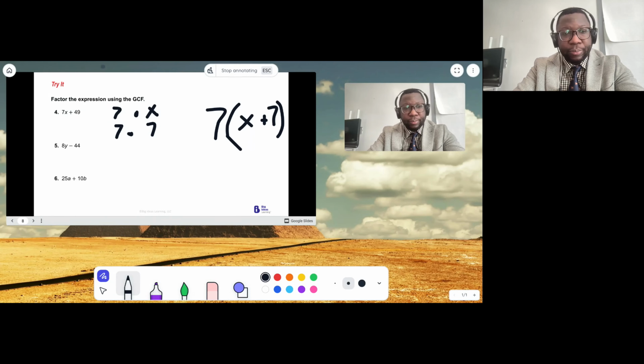What about number 2? This is 8y. And if we're using prime factorization for this, it would be 2 times 2 times 2 times y. And what about 44? 44 would be 2 times 2 times 11.